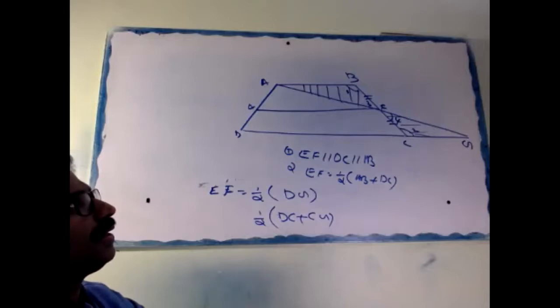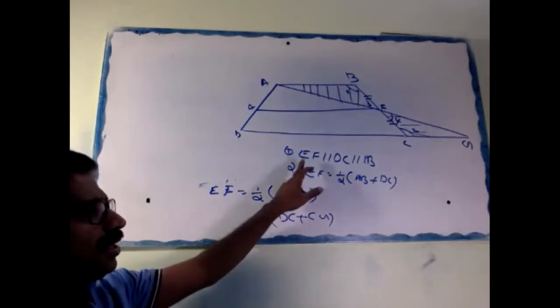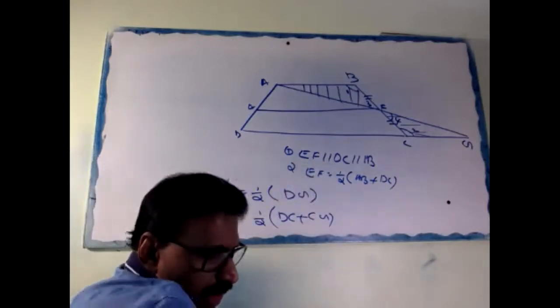That is, EF is parallel to DC. But DC is parallel to AB, given. Therefore, EF is parallel to DC, which is parallel to AB. Clear now?